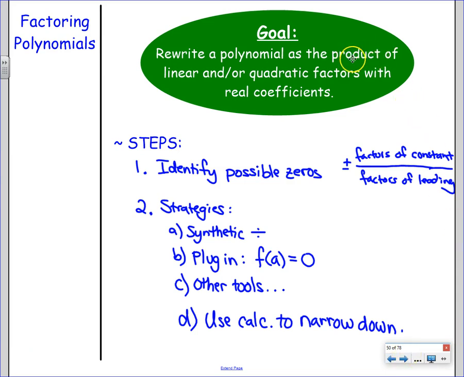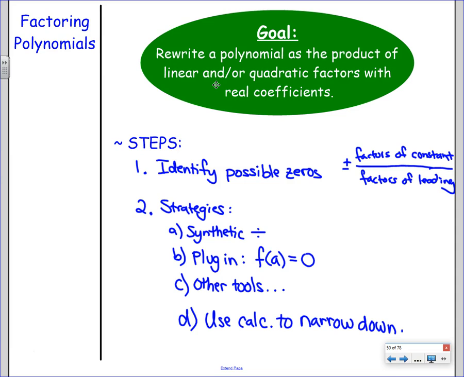And factor it out means to write it as a product of linear and or quadratic factors with real coefficients. And then if they want us to keep going, then we can find the complex or the imaginary if we need to. But to be able to factor any polynomial that has nice factors as a product of those factors.